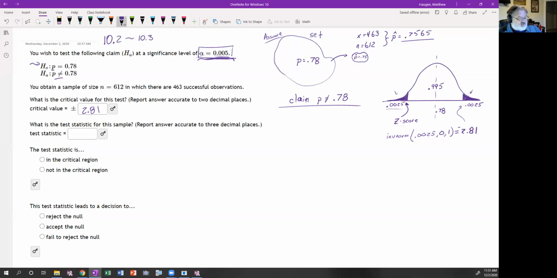And that should be fairly reminiscent of finding the critical value if this said a confidence level of 99.5%. This is what we would do to find the critical value for how many standard errors out our confidence interval should be, right?